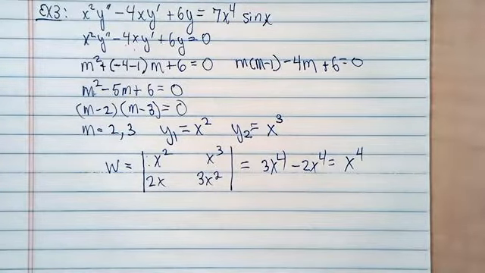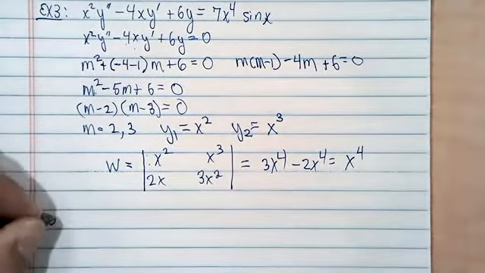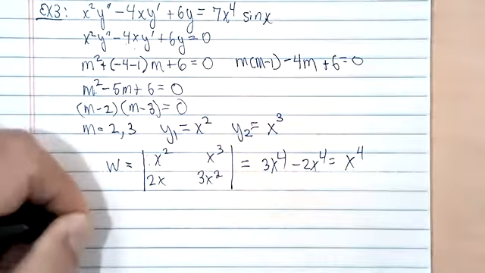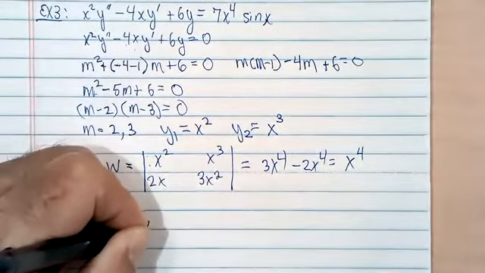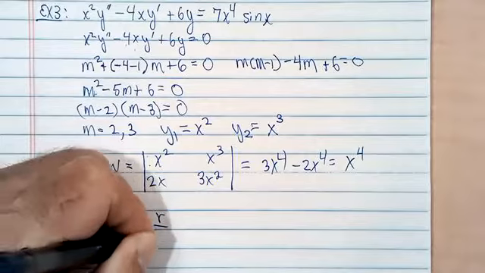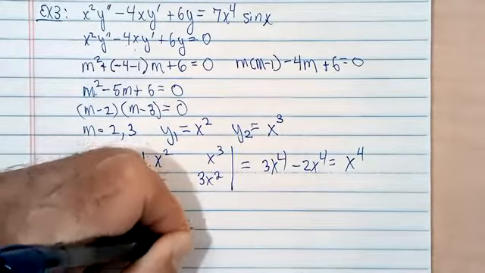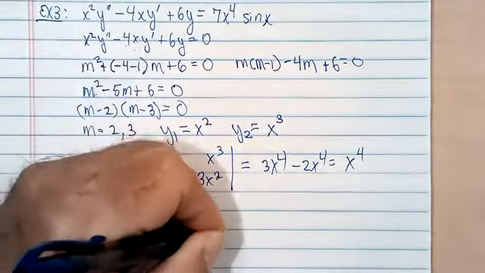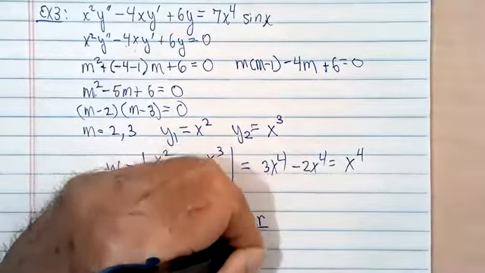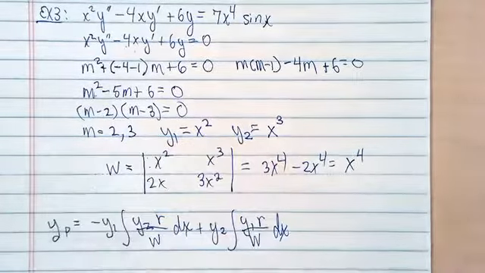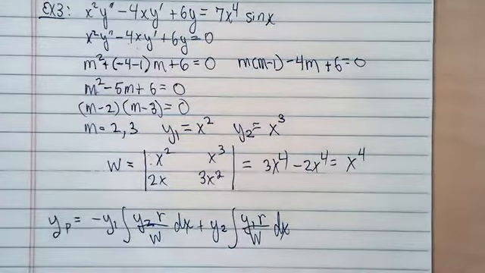Now, at this point, yp equals minus y1 times the integral of y2 r over w dx plus y2 times the integral of y1 r over w dx. And the very next step you make is likely to be an error.